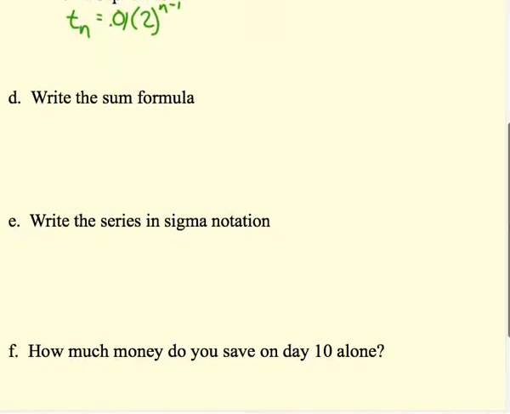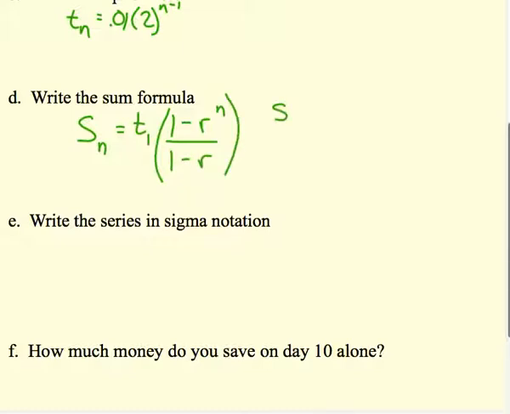So the sum formula, that's the one that we looked at today. The sum of the first n terms is the first term times 1 minus the common ratio to the nth power, all over 1 minus the common ratio. So we can make this a little bit more explicit. Again, we're going to find the sum in a minute. The first term times 1 minus our common ratio to the 30th power over 1 minus our common ratio.